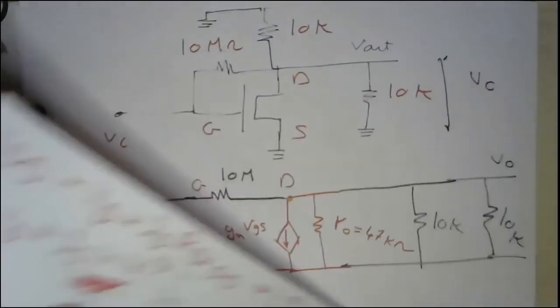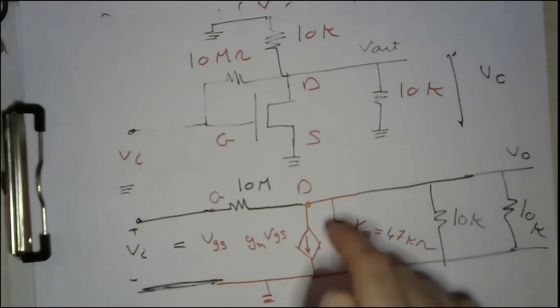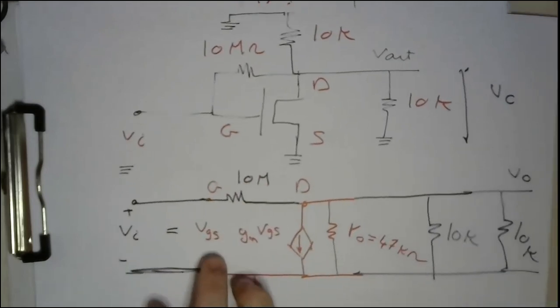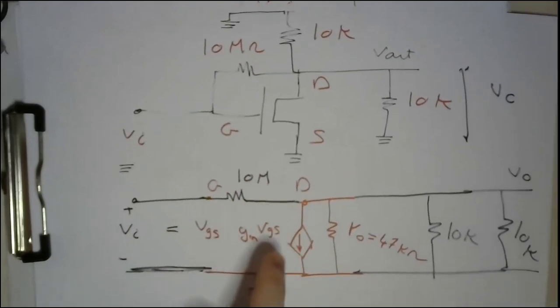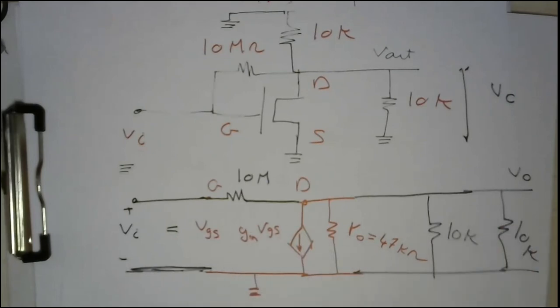And in the AC analysis, as you can see, V output is independent of the 10 mega ohm. We calculate V output as the current flowing here multiplied by the combination of these three resistors. So it's also not considered.